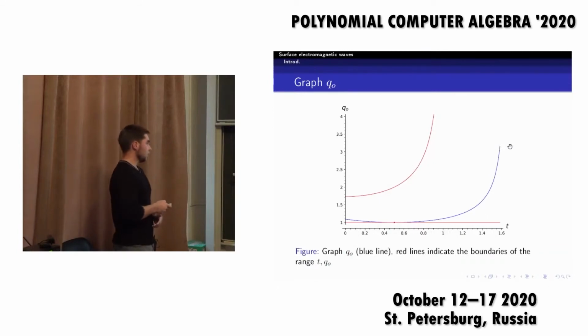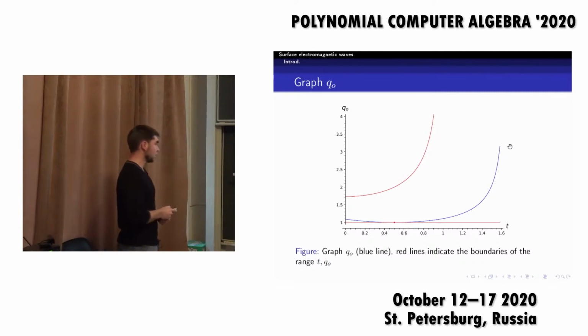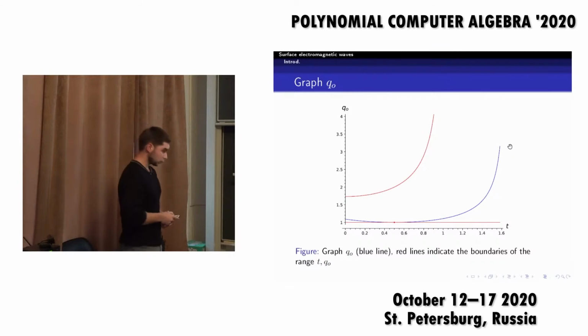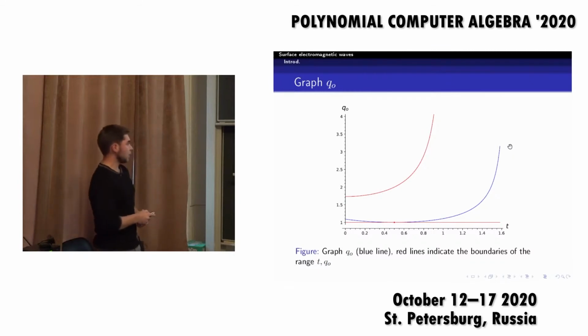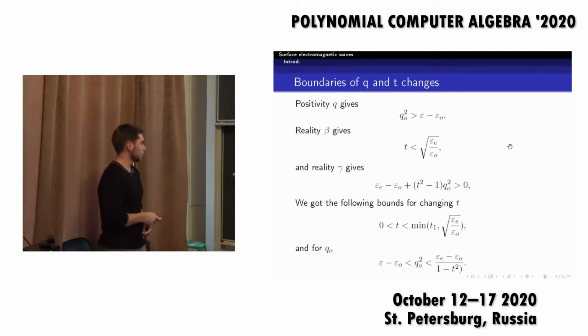Here we can see we have a contact point. The contact point is t equals 0.5. And this point we have when Q is here.